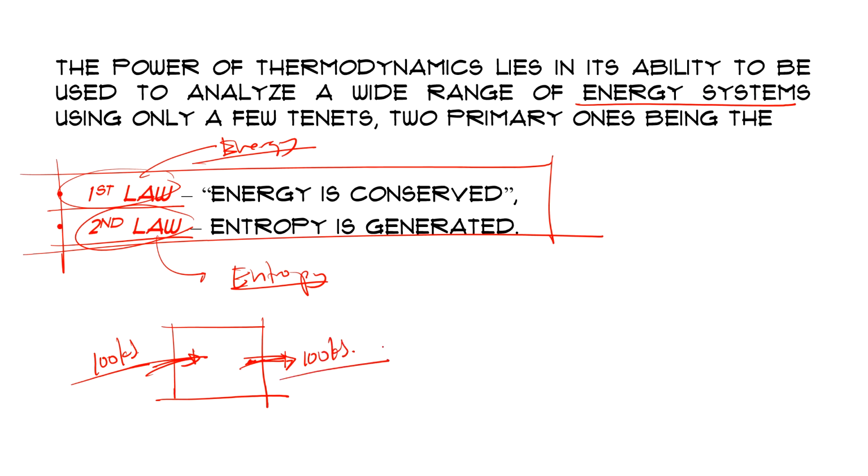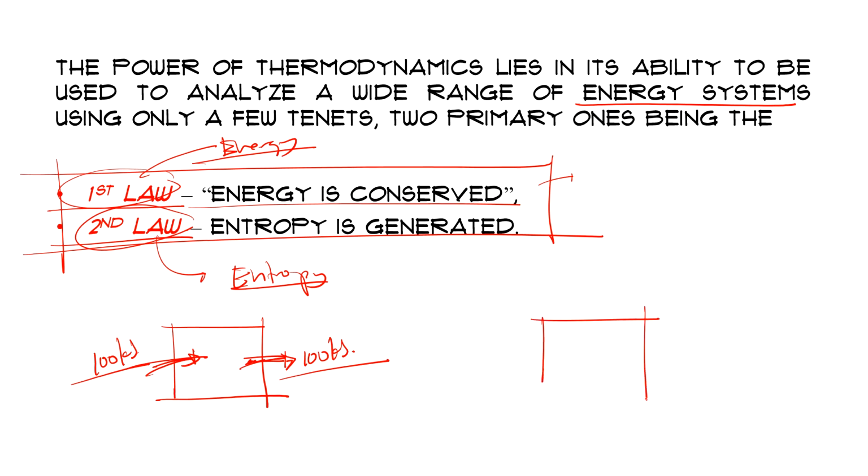So I cannot get 120 or greater than 100 kilojoules, because the first law says that energy is conserved. The statement is that energy is neither created nor destroyed, but it is only transformed from one form to another. So the maximum that we can get is 100 kilojoules.